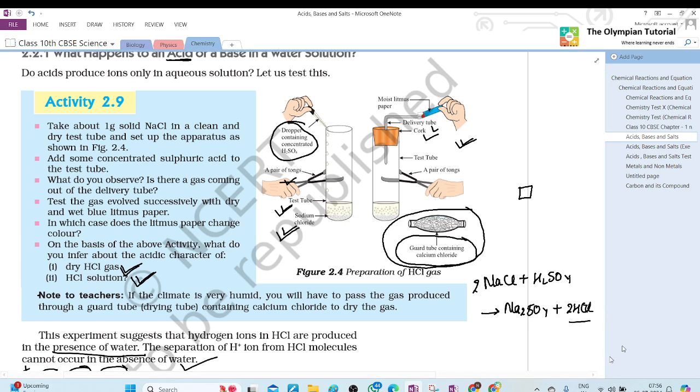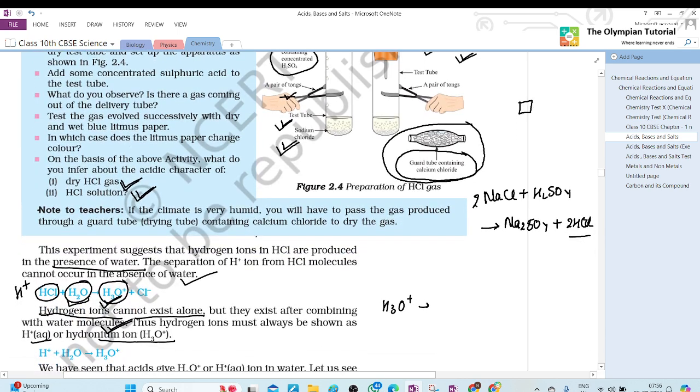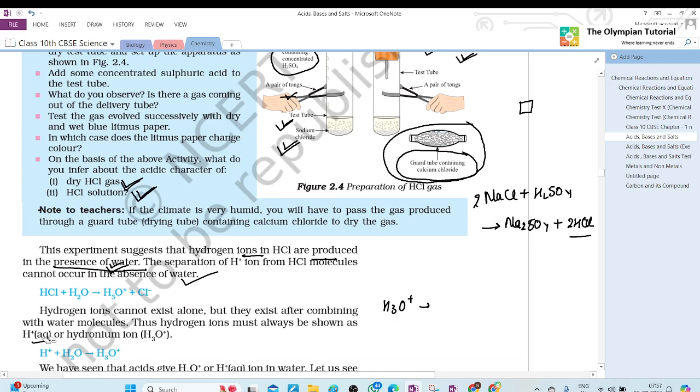So experiments suggest that the hydrogen ions in HCl are produced in the presence of water. And this hydrogen ion, what will it do? Listen to me. HCl plus H2O.